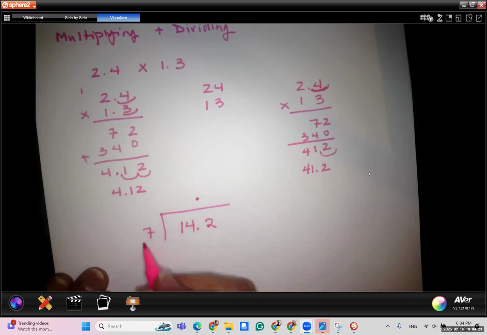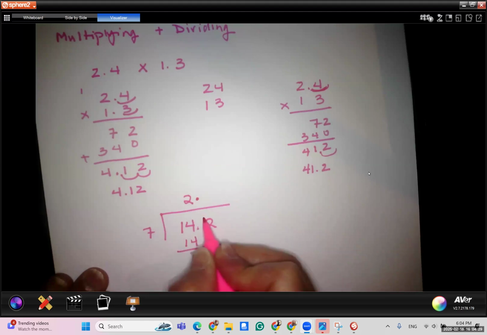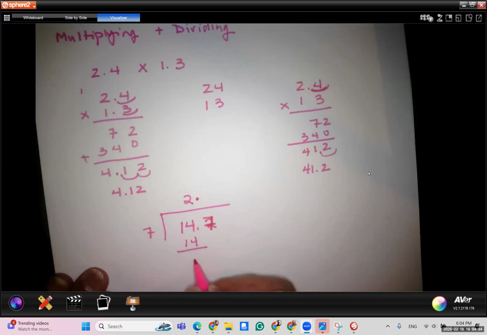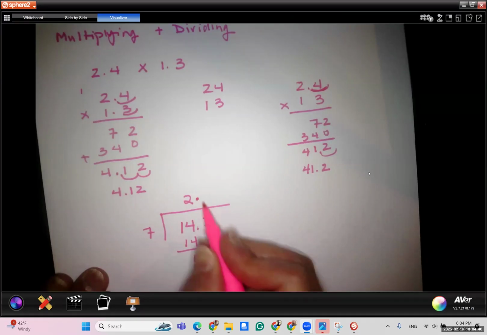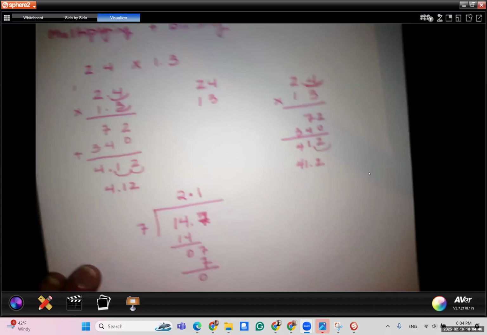Okay, now 7 goes into 14 2 whole times, so that comes before the decimal. Okay, let me make this into a 7 so that it actually works well. So subtract 0. The decimal has already been dealt with. You bring the 7 down, and 7 goes into 7 one time. Okay, and you're done.